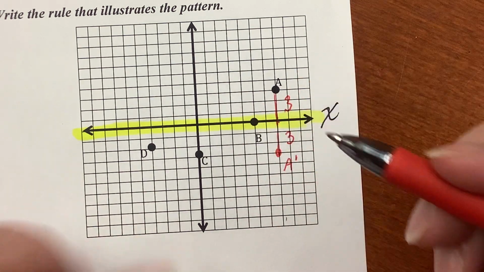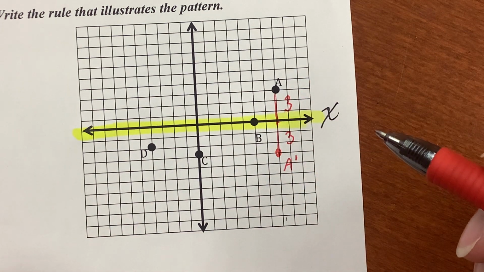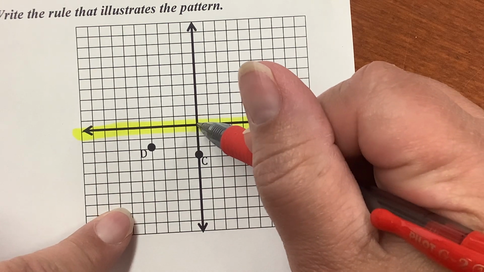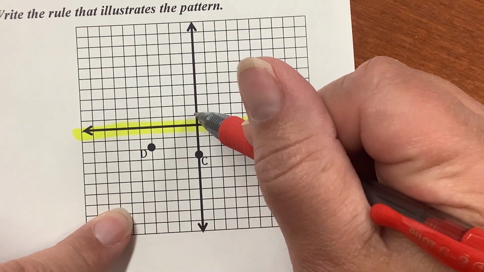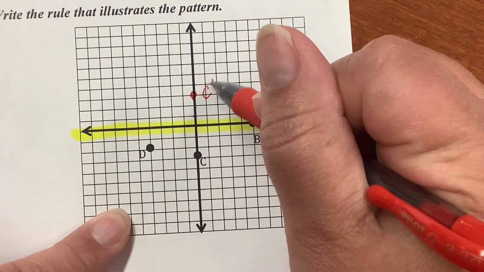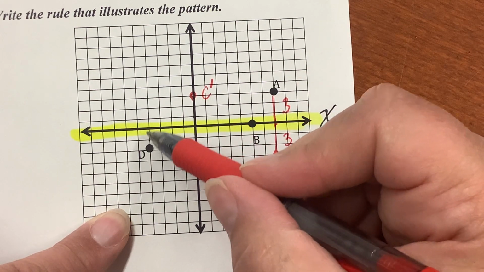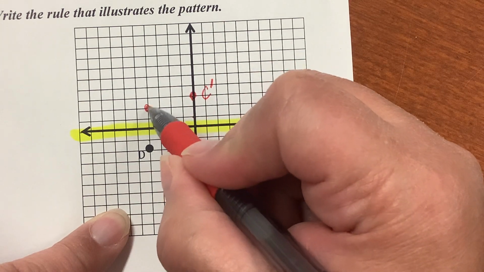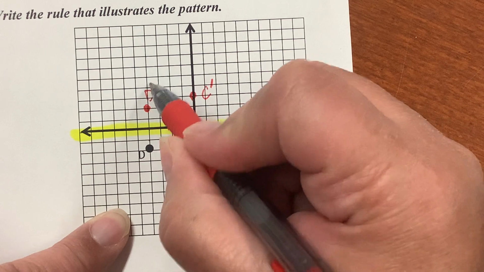B's on the line of reflection, so you don't change it. C is 1, 2, 3 to the line of reflection, so it's 1, 2, 3 on the opposite side. D is 2 boxes to the line of reflection, so it's 2 boxes on the opposite side for D prime.